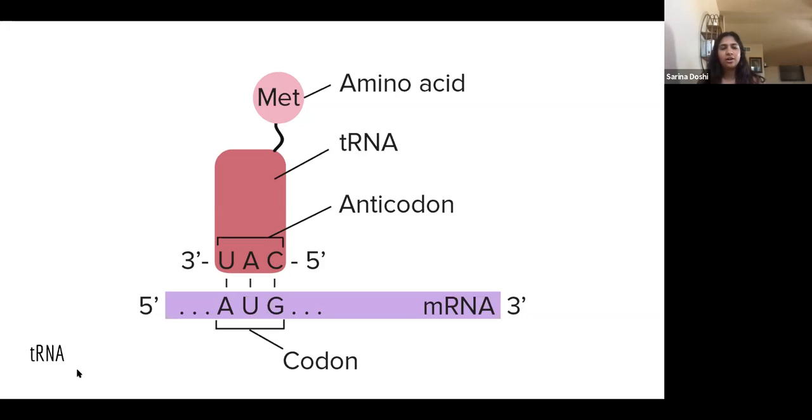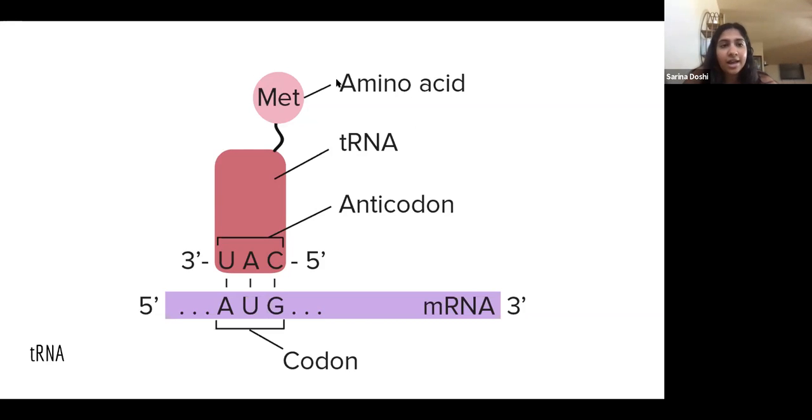This part right here is your tRNA. It's got a site on the RNA, and that site will bind to an amino acid. You'll have different tRNAs for different amino acids. They're specific to each other.